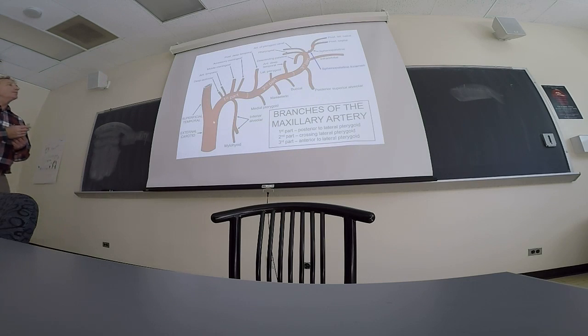Just to remind you, when we dug into the infratemporal fossa, there was this maxillary artery corkscrewing its way through there with little branches going in various directions, some of which you could easily find, like the inferior alveolar, some of which were more difficult. Middle meningeal was always a real popular one. Deep temporal arteries are always really popular.